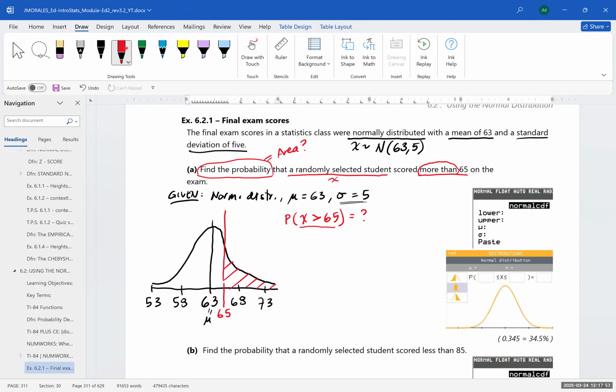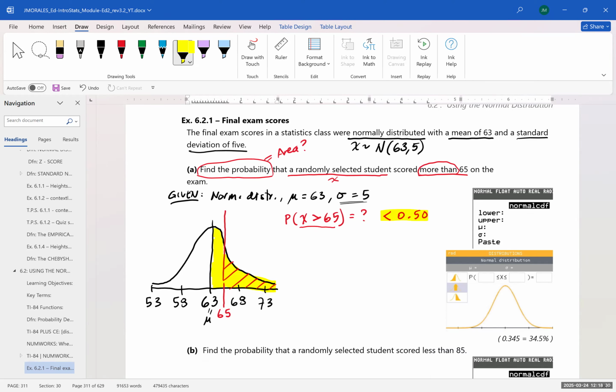Now, if we want the area to the right of 65, what do we expect the answer to be? I think it's safe to say that we expect this answer to be less than 50%, because the area on one side of the mean is 50%, and so the area that we're looking for should be less than that.